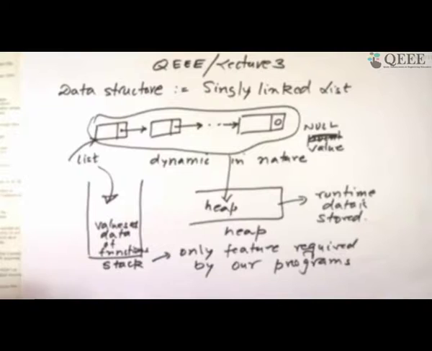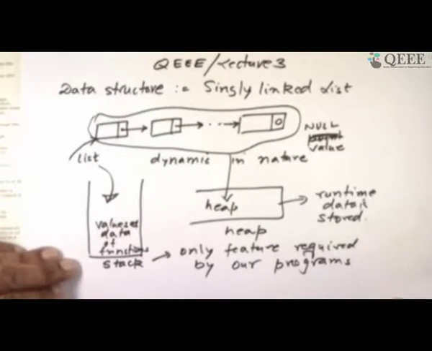So observe that the stack is static, which means the stack already knows how much data will be there, what is the type of each data, and so on. So fixed data is allocated on the stack by the compiler, and for the runtime data, the compiler doesn't care. The user builds it, throws it away, and all that is happening on the heap. So this is the conceptual view.